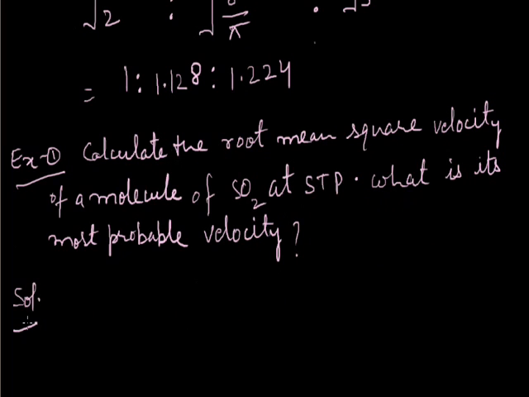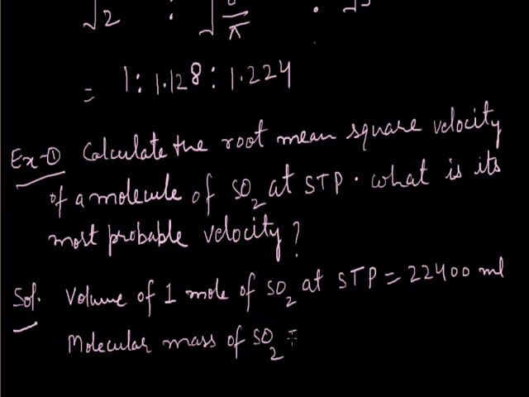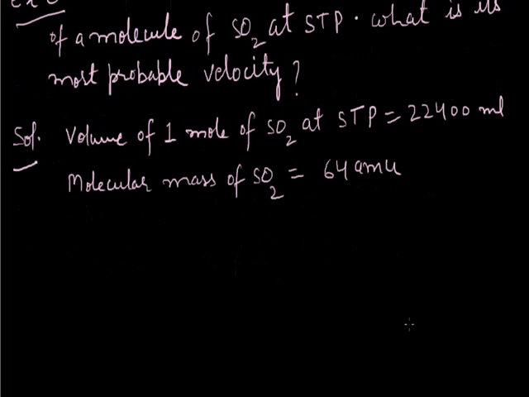The solution is: volume of 1 mole of SO2 at STP is 22,400 ml. Molecular mass of SO2 equals 64 AMU. The pressure in dynes per centimeter square is 76 into 13.6 into 981.